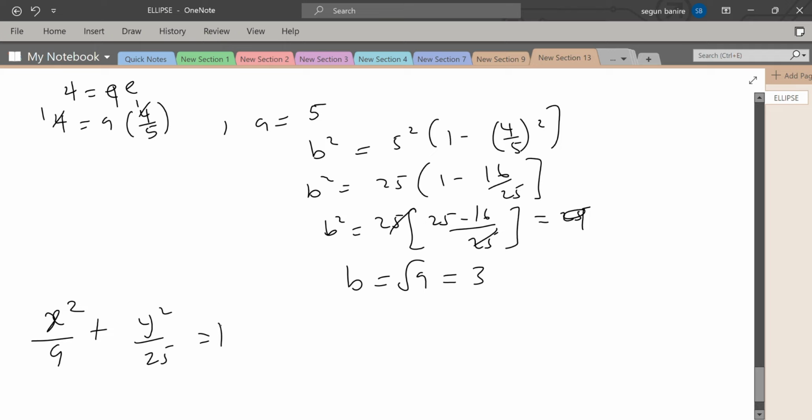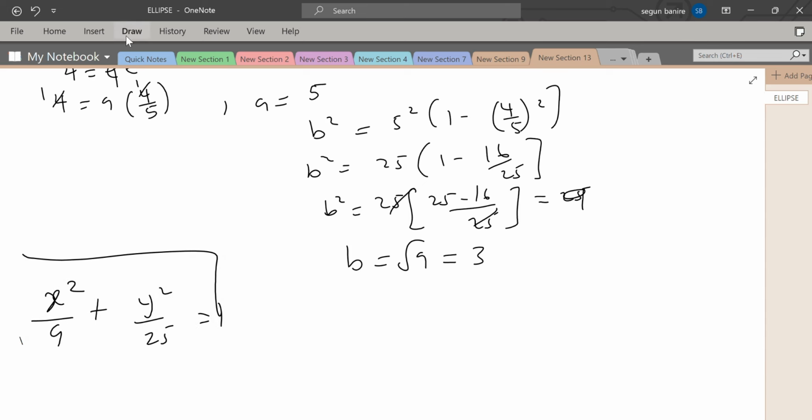And this is the equation that they asked us to find.